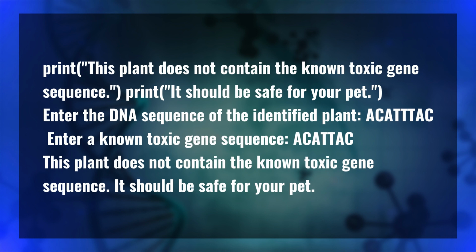If both of them are matching, that means the plant in front of me is a toxic plant. And again, all this example I'm giving you is a very small level example, just to make you understand the ins and outs of the code.